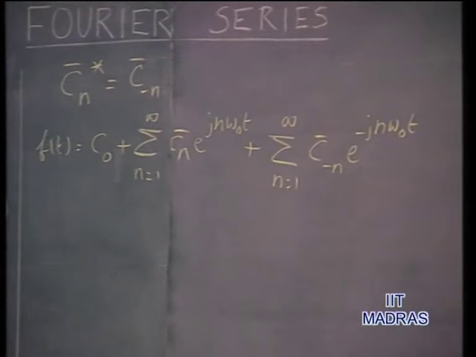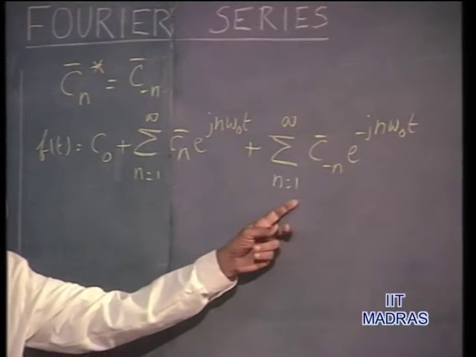Now we would like to combine these two summations into one. That can easily be done by substituting minus n for n here.